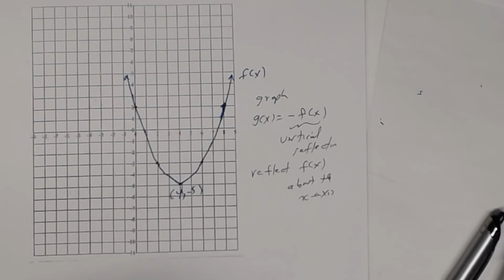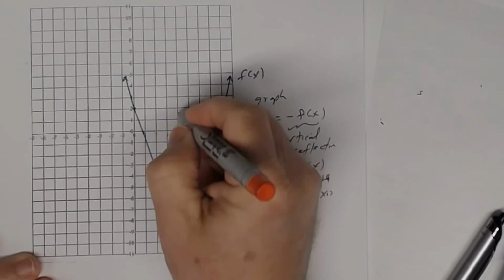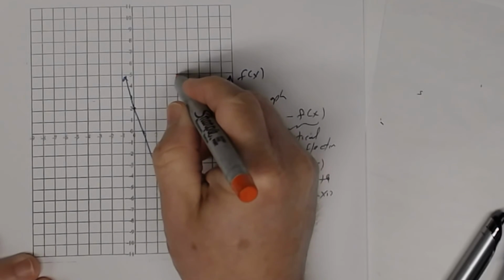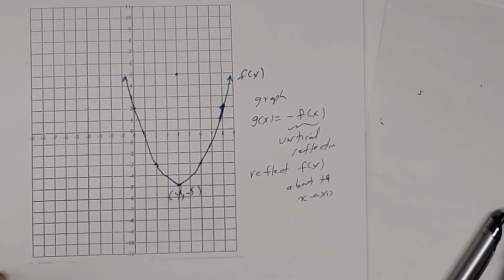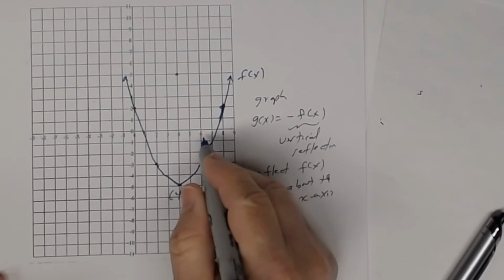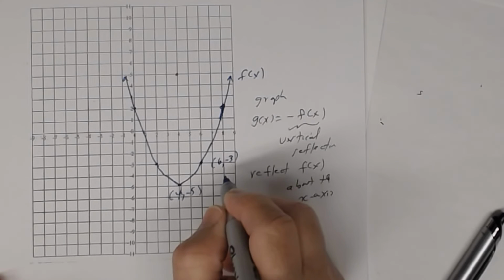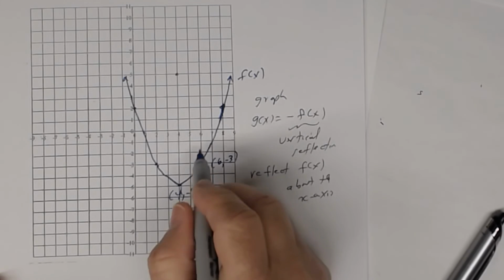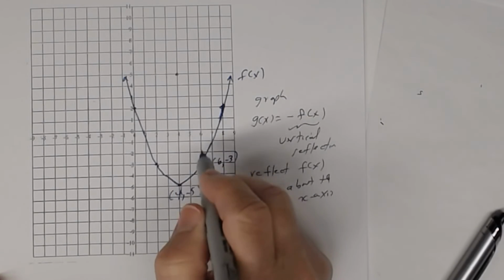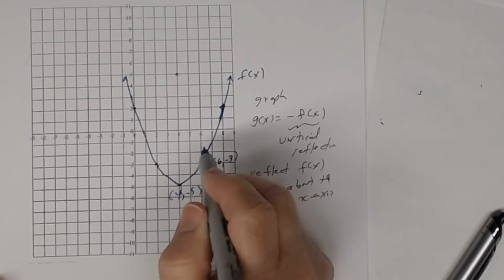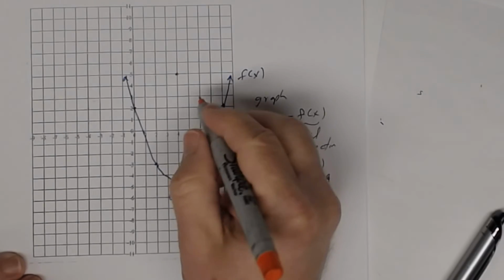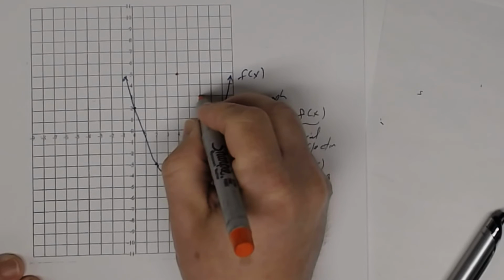All right, so let's go ahead and do that. That's going to be in orange. So 4, +5, right here. Then this point here is the point 6, -3. Whenever you're doing a vertical reflection, 6, -3 becomes the point 6, +3. So you're going to plot the point 6, +3 right here.